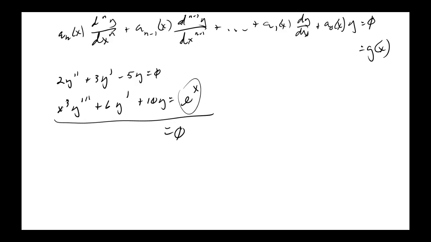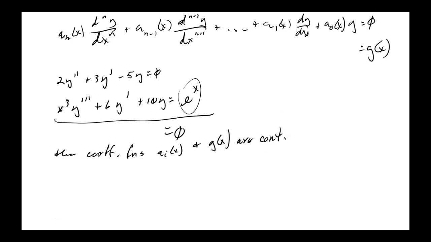On some common interval I, the coefficient functions a sub i of x, for i all the way from 0 to n, and g of x are going to be continuous. We're not going to say it every time, but we're going to mean it every time.